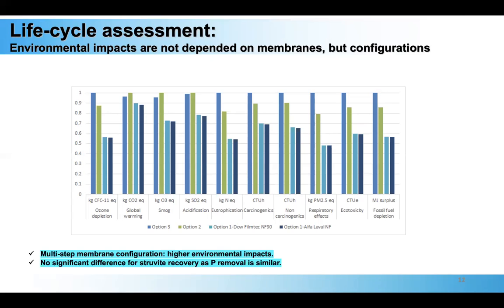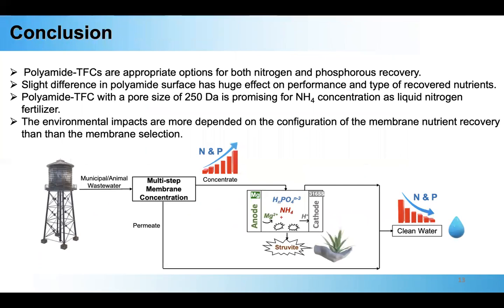There is no significant difference for struvite recovery between the membranes, because the P removal is similar and P is the limiting factor in struvite precipitation. So basically, the membrane selection is not really affecting the environmental impacts, and it's the configuration that makes a major difference in terms of the environmental impact.